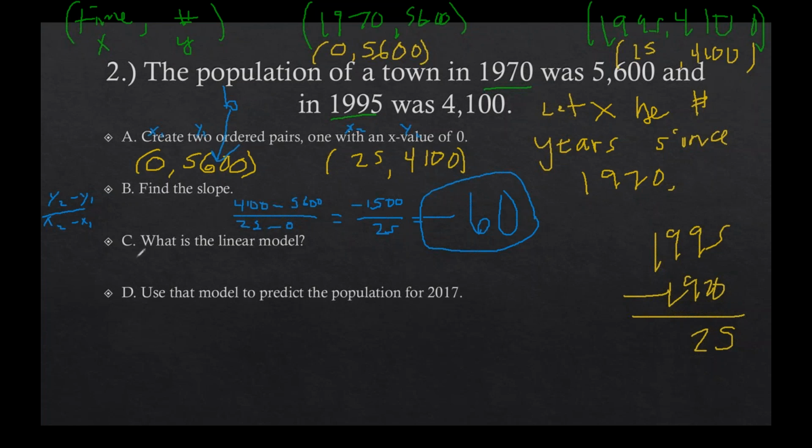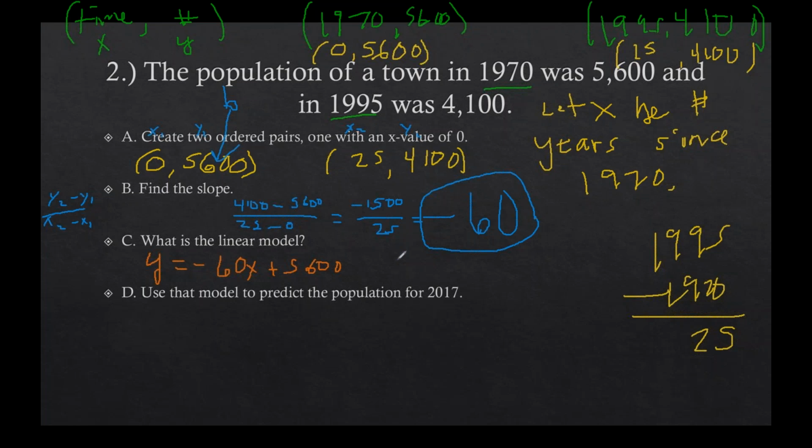Okay, what do we start with? There we go. You always start with the y. Next comes your slope attached to your x value, and then we have 5,600 people. So we have this linear model, and the model can be used to predict for future events.